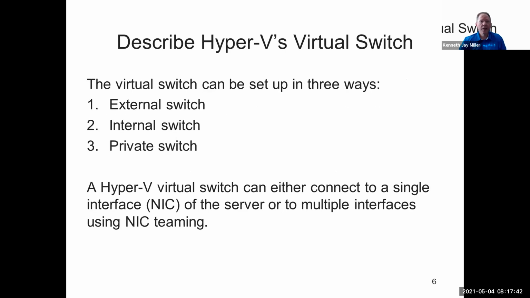Okay. Now, the virtual switch has three possible settings: external, internal, and private. Now, it can connect to either a single interface or network card of the server, or to multiple interfaces with what Windows calls NIC teaming.